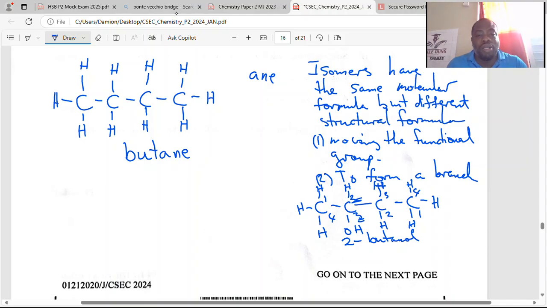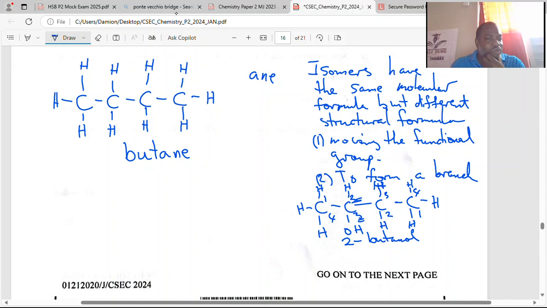Now, I want to talk a little bit about how we form isomers. We learned how to form isomers with functional groups where we move them around. With the alkane, it's a little bit different: you actually take off a carbon and let the longest chain become shorter. It's just a technique that we use.